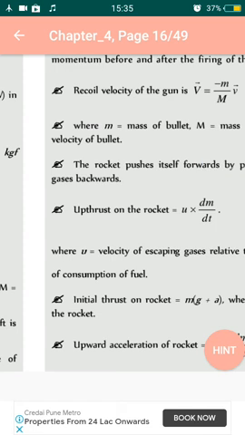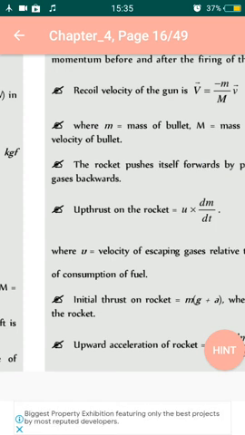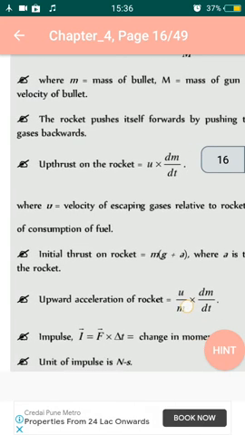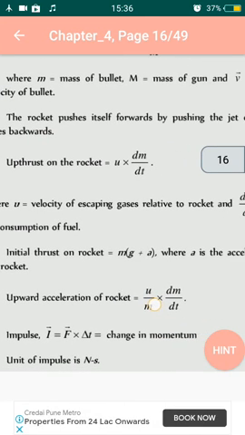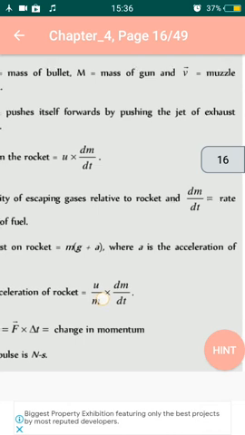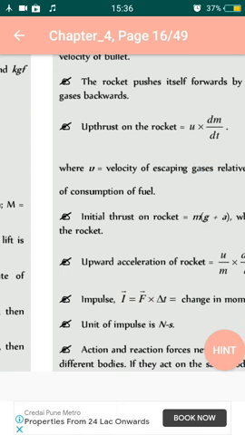The next point, upthrust on the rocket equals u into dm upon dt, where u is the velocity of escaping gases relative to the rocket, and dm upon dt is the rate of consumption of fuel.